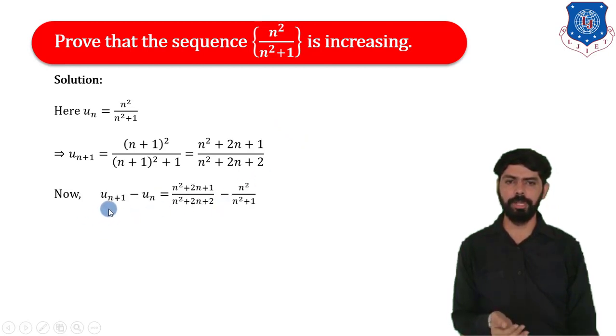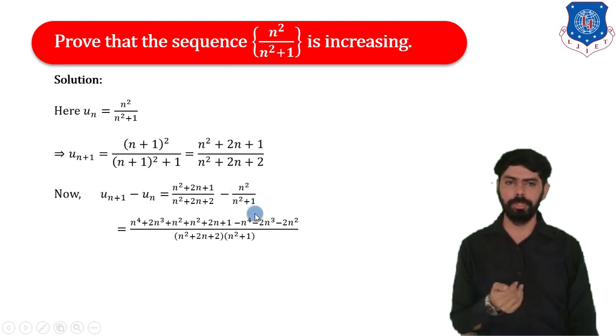Now we will find the difference of un plus 1 and un. So here un plus 1 is n square plus 2n plus 1 divided by n square plus 2n plus 2, minus un, which is n square divided by n square plus 1. Now we will take the LCM. So here it will be n square plus 2n plus 1 into n square plus 1.